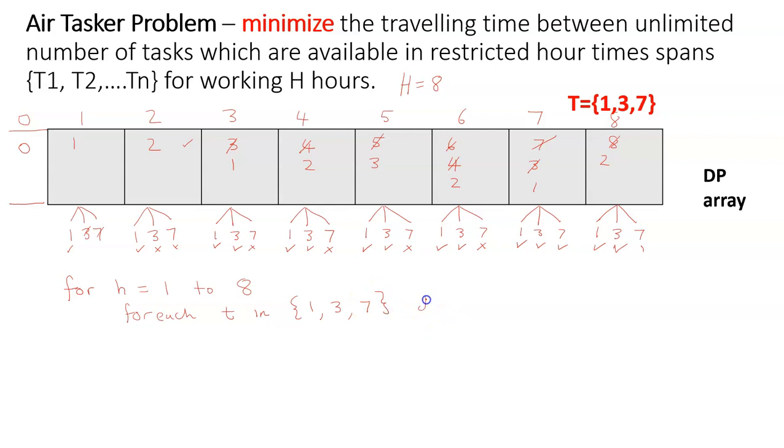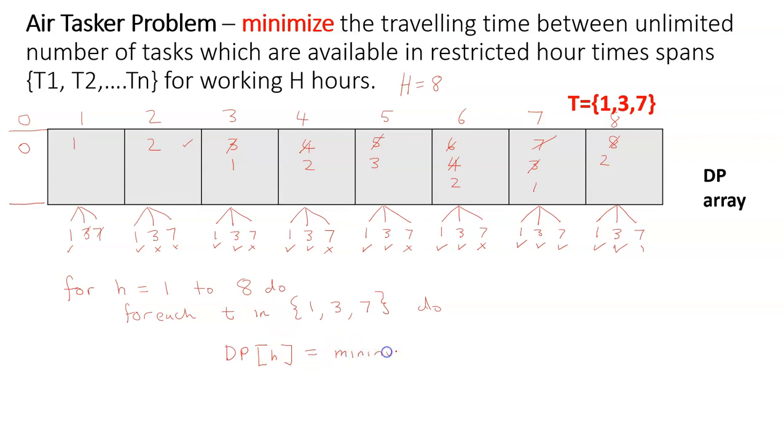What we have done is minimized what's in our DP array. So we have sought to minimize the value in our DP array at position H. We have chosen to minimize that value.